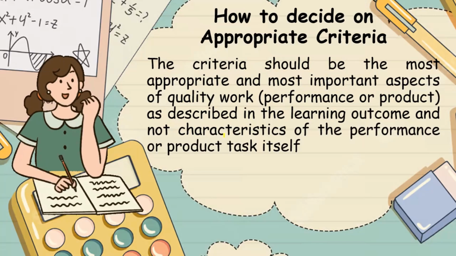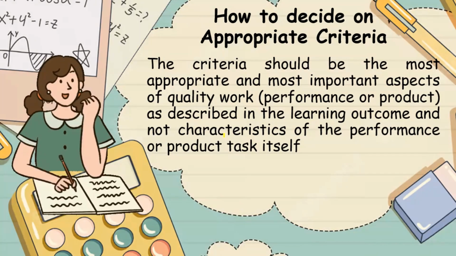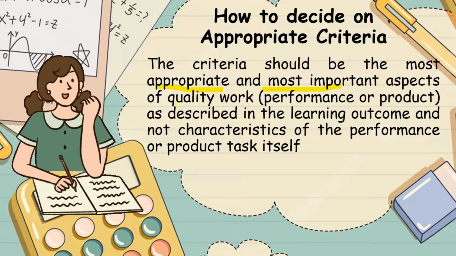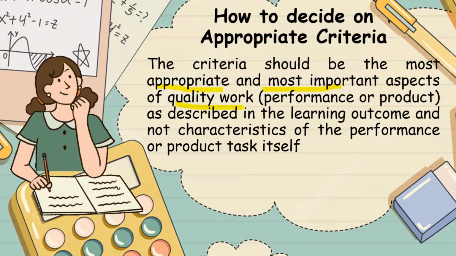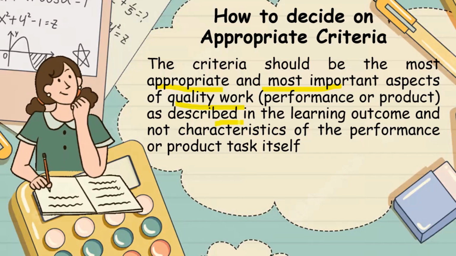So now, how to decide on appropriate criteria. In developing or selecting a rubric, the first question we ask is, what are the criteria for a good performance or product that the rubric ought to assess? The criteria should be the most appropriate and most important aspects of quality work, whether it is a performance or product assessment, as described in the learning outcome and not characteristics of the performance or product task itself.